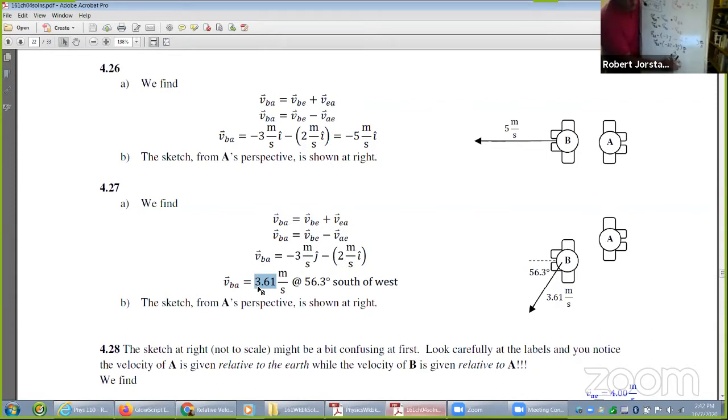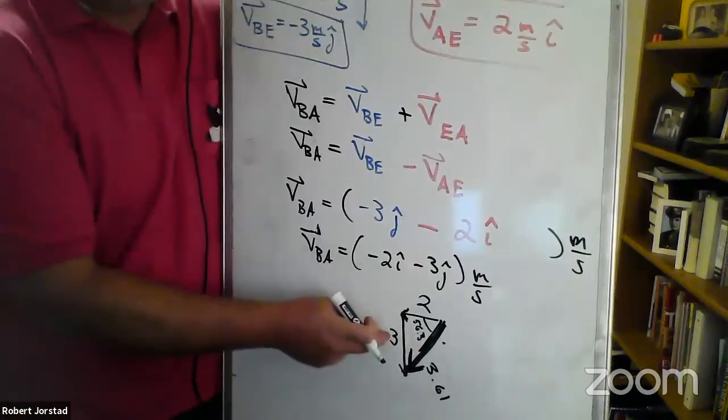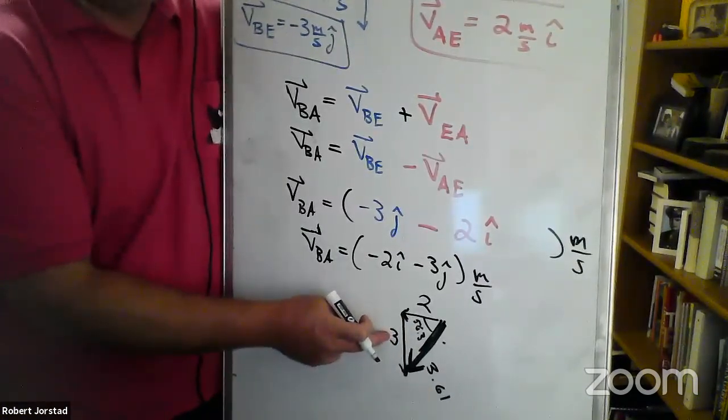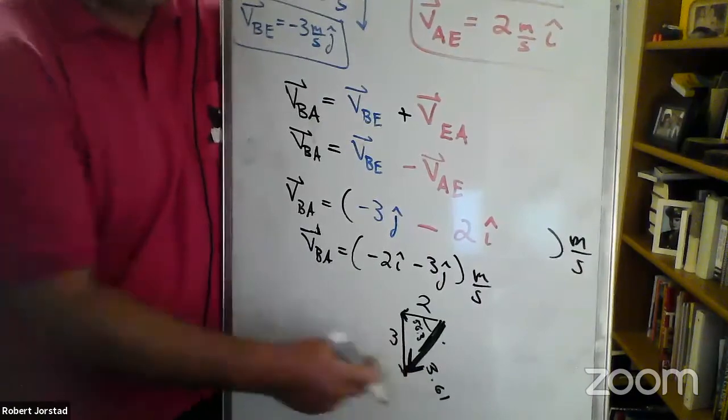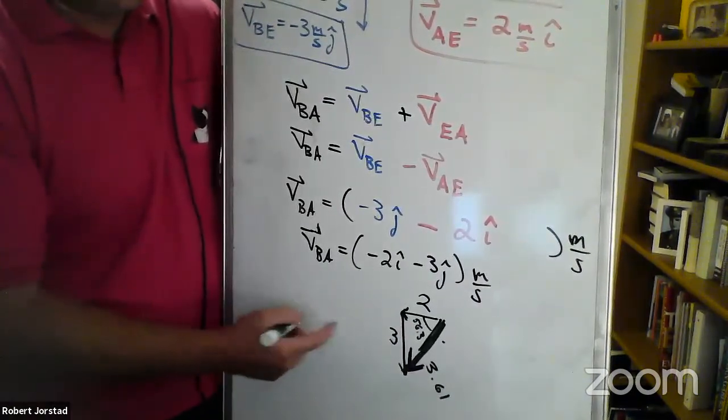And then maybe I'll put this down here a little bit just so I have some room. And I'm going to go back to here. Sorry, just a second. So the idea is this length is 3.61, 2 squared plus 3 squared, square root. Gives me that. The angle, how do you get the angle? Tangent, inverse tangent of 2/3 or 3/2.